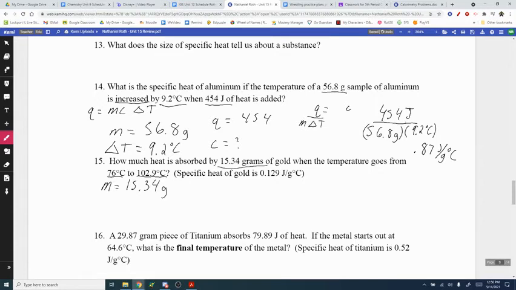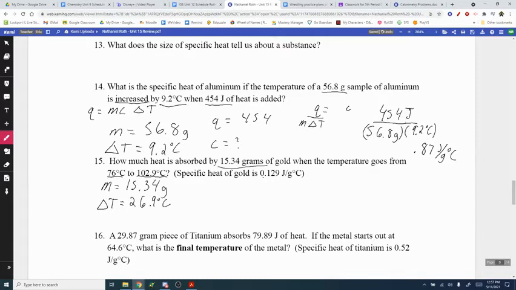So since we have an initial and final, all we have to do is find our change in temperature. So we do final minus initial. So 102.9 minus 76 is going to be 26.9 degrees Celsius.